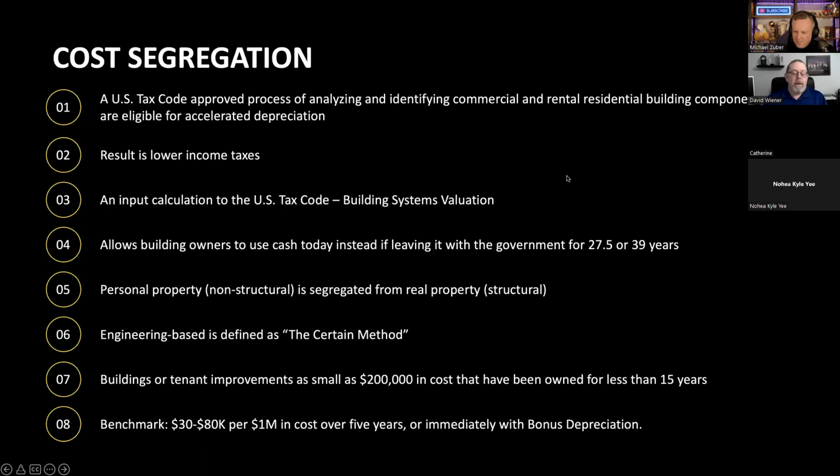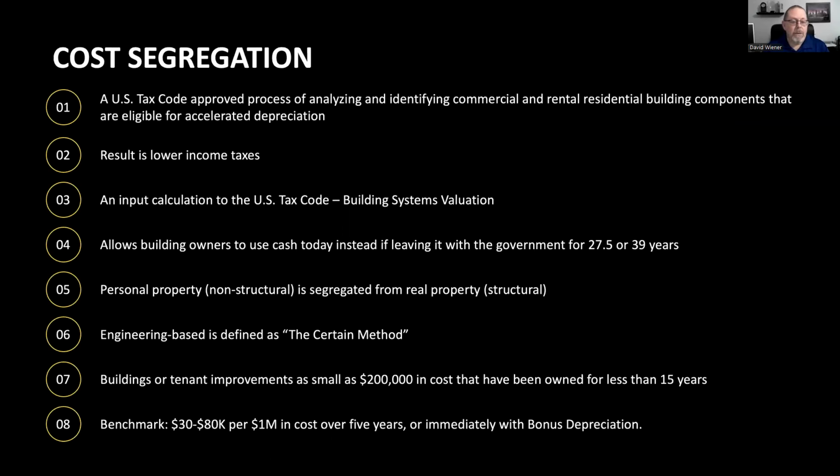So I'm finding that a lot of people are not familiar with cost segregation. It is basically an approved process in the US tax code of analyzing and identifying property, both commercial and rental residential property, certain components of which are eligible for accelerated depreciation.